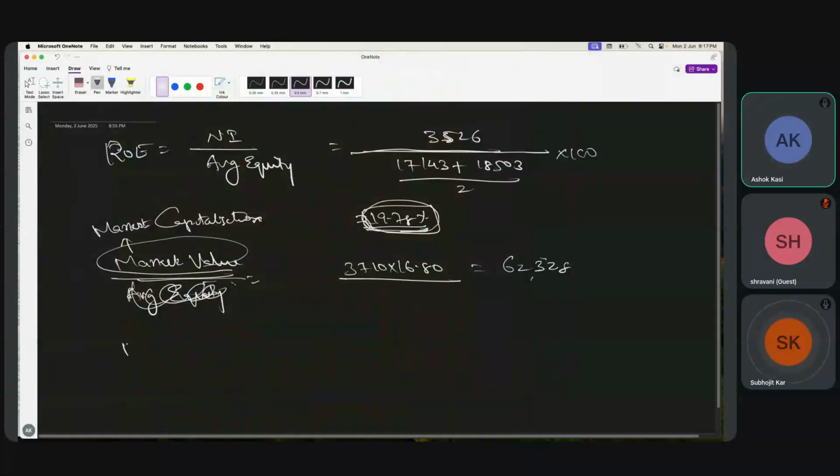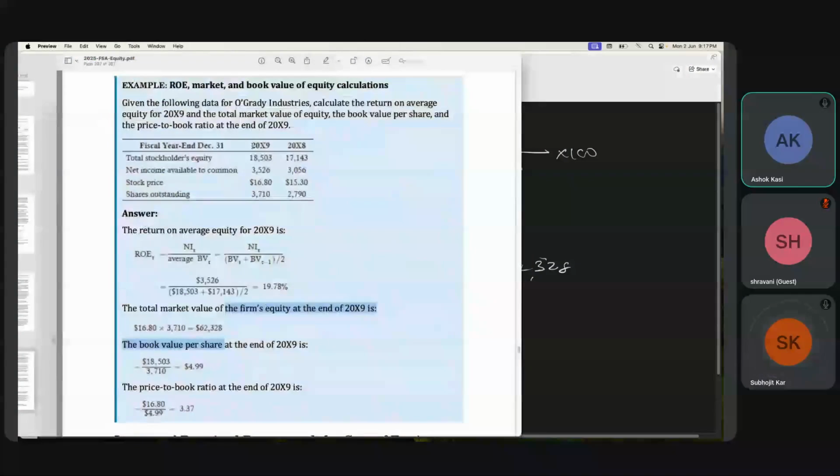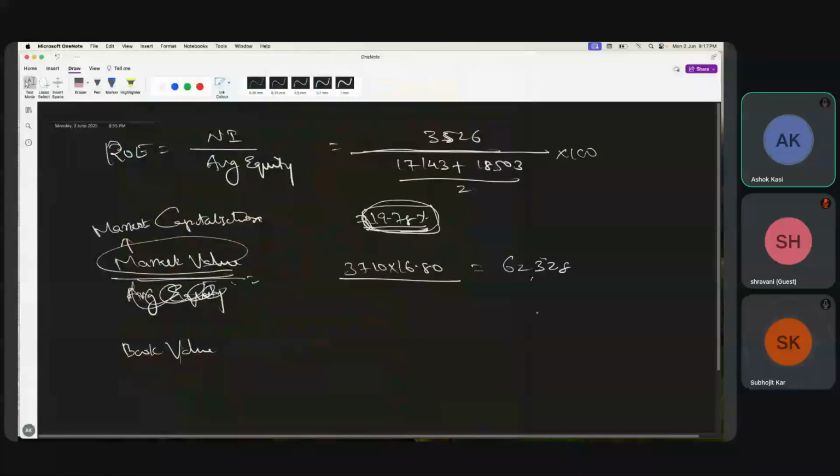Then book value. Okay, book value is how much? Book value is also called shareholders equity. Both are same only. So now book value is equal to the same number, 18,503. I can also calculate book value per share.